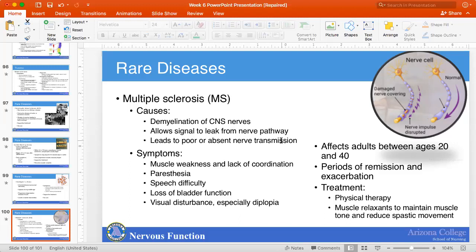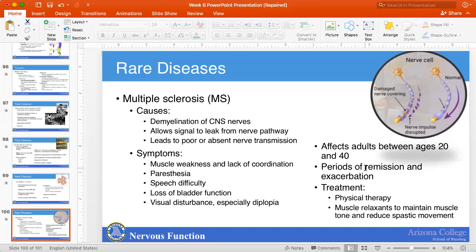It leads to poor or absent nerve transmission. Symptoms include muscle weakness and lack of coordination, paresthesia, speech difficulty, loss of bladder function, and visual disturbance, especially diplopia, or double vision. It affects adults between ages 20 and 40.